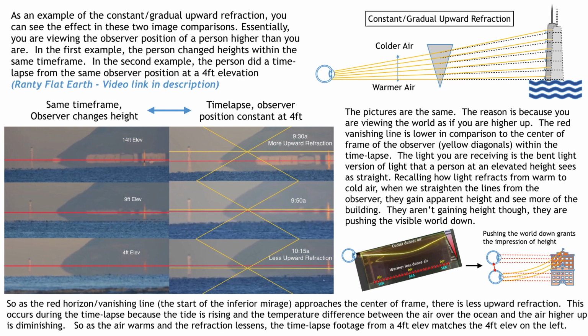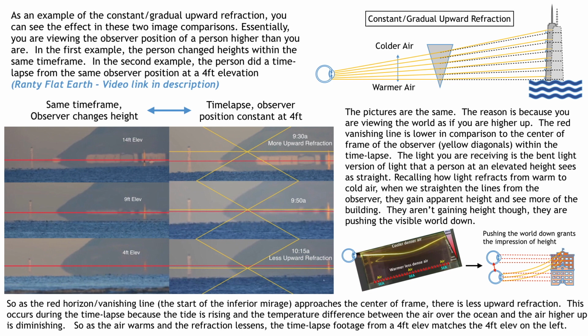That yellow horizontal line represents very close to the person's eye line, in this case the camera's center of frame. If you draw diagonals across the screenshot, you can create that point where the center of frame is for the observer. And so you can see how the red line has this inflection or inversion point, and you can use the distant mountain as the inversion climbs to meet that point.